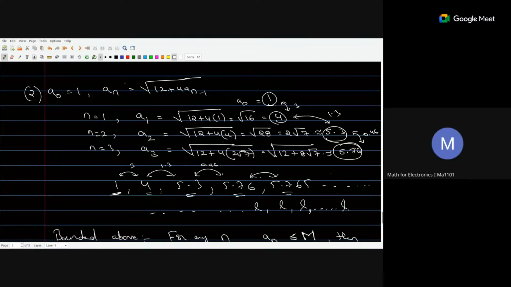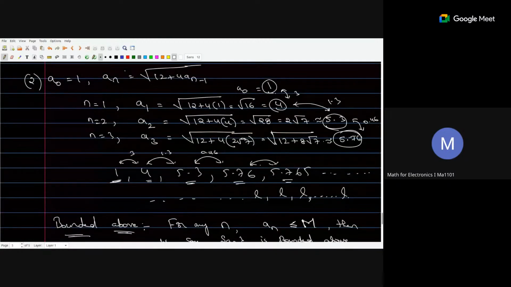So that 100, can you optimize it or not, is what we are going to see. Do I really need to go till 100 and say that any number in this sequence will not cross 100, or is there any better value than 100? From 100, can I reduce to 50? Can I say none of the numbers in this sequence cross 50? Yes, sir, 50 looks valid.